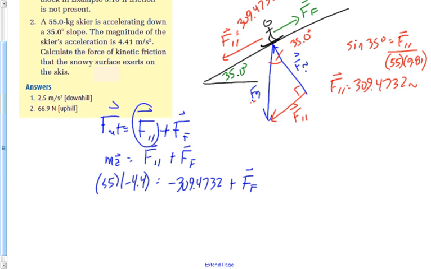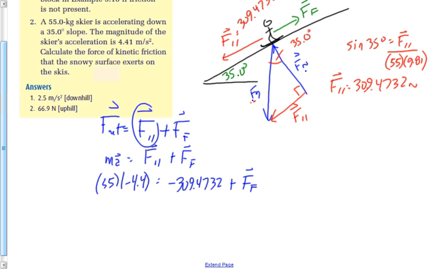Leo, should FF, force of friction, be positive or negative when we solve for this? Why? Perfect answer. Okay, don't second guess yourself. Don't question yourself. You're right. It's a perfect answer. It's going to be positive because it's going up the hill.